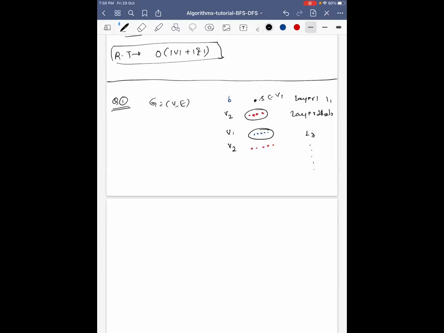Since each bipartition is expected to be an independent set, there should not be an edge between any two nodes over here or over here. Or, as said before, you can also argue that it will create an odd cycle if such a situation occurs.